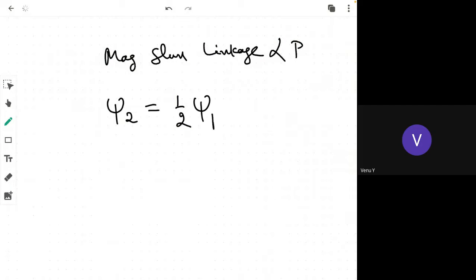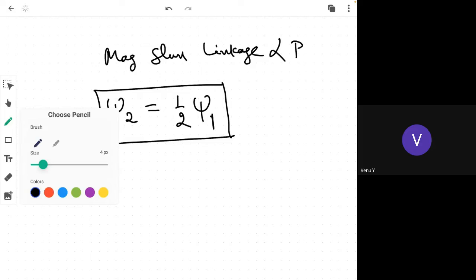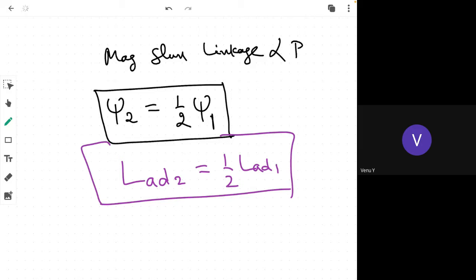So the flux linkage psi2 is half of psi1, right? Therefore, the mutual inductance LAD2 equals half of LAD1. It will become half.